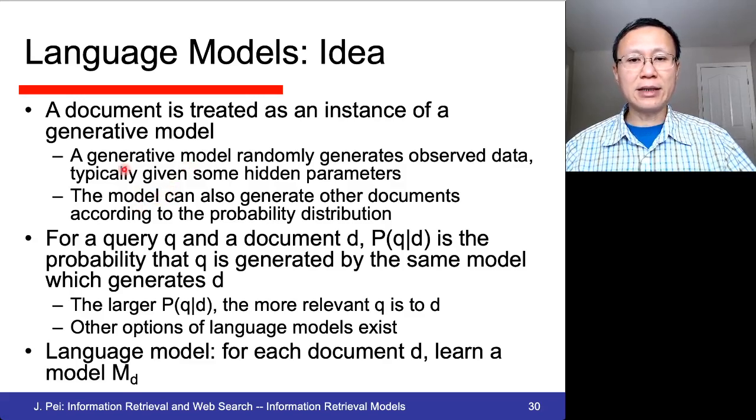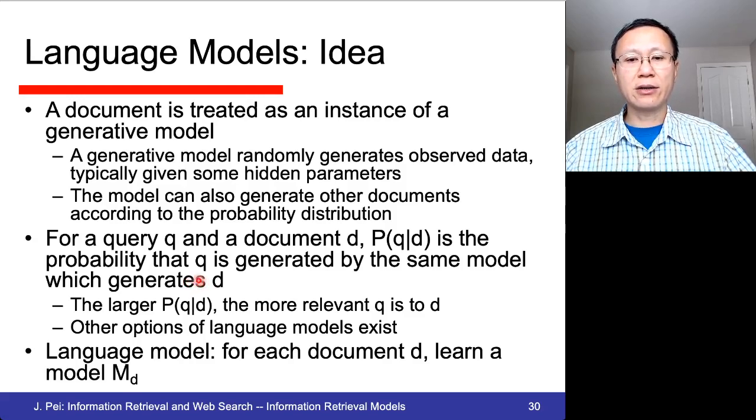Then, under this assumption, for a query Q and a document D, the probability of Q conditional on D is the probability that the query Q is generated by the same model which also generates D.